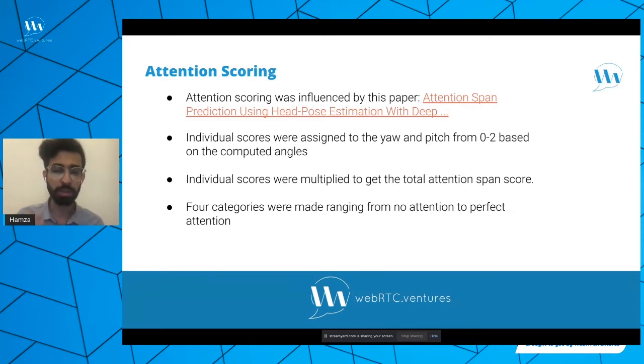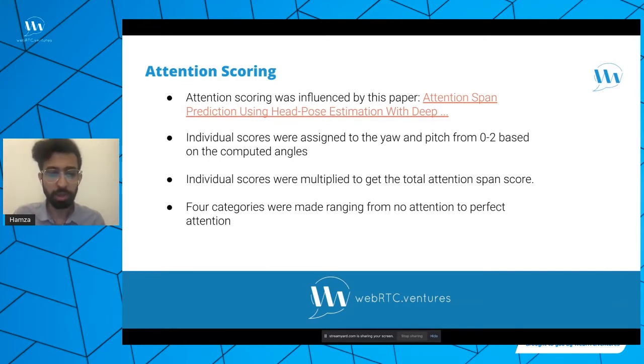You calculate the angles for the yaw, the pitch, and the roll, and you translate each angle to a 0 to 2 based score. Then you multiply everything together to get a value from 0 to 4 based on attention, based on the angles.